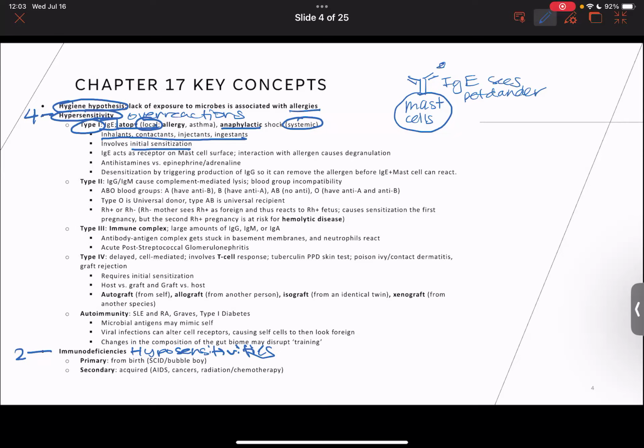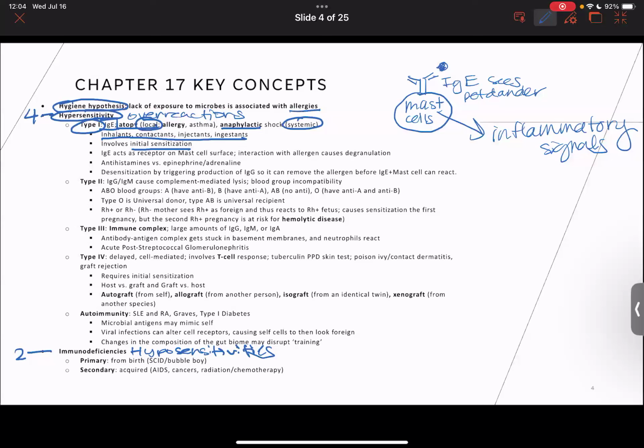And then pet dander comes along and binds with it, and it causes the mast cell to release things like histamine and other inflammatory mediators. That's what mast cells do. And that's where your type 1 reactions are going to come from. So it's the mast cells that are causing the problem, not really the IgE itself.